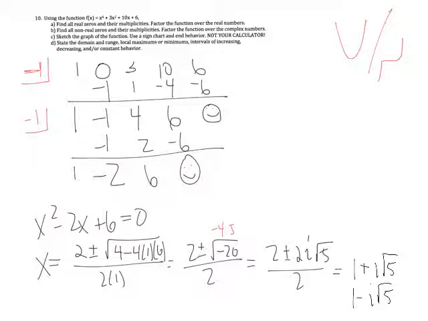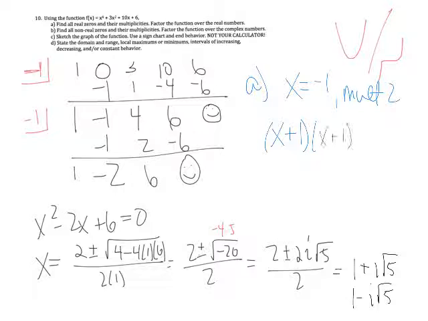So when I ask for the real zeros for part A, I'm going to go back up. For part A, x equals -1 is the only real zero that you've got, and it has a multiplicity of 2, because it worked twice. When it says factor over the real numbers, here's what ends up happening. x equals -1, so x plus 1 is a factor, but it's twice.